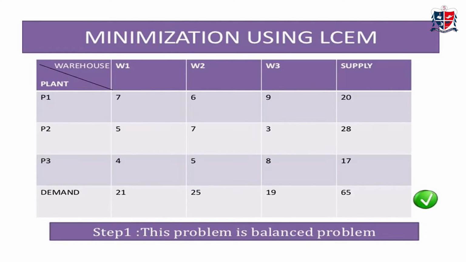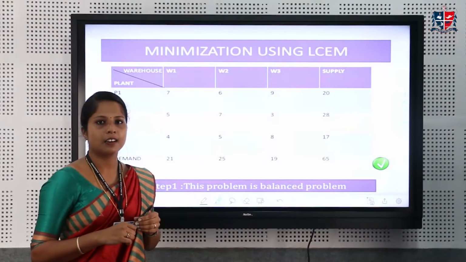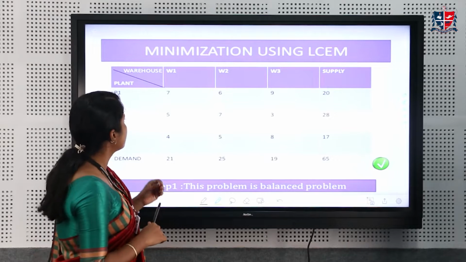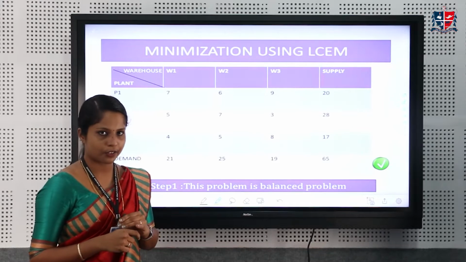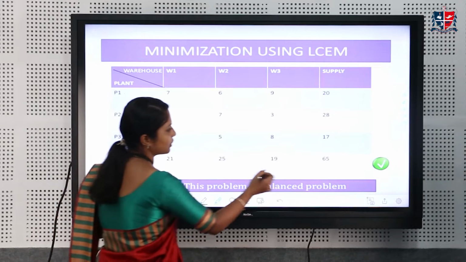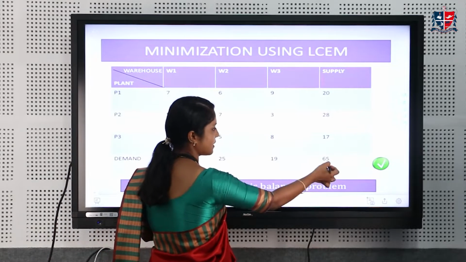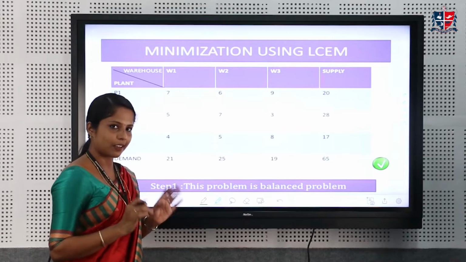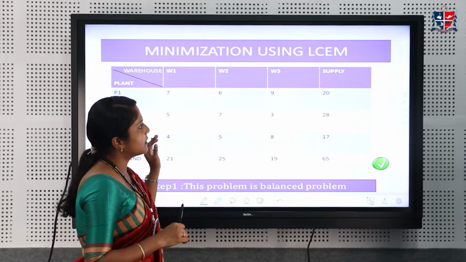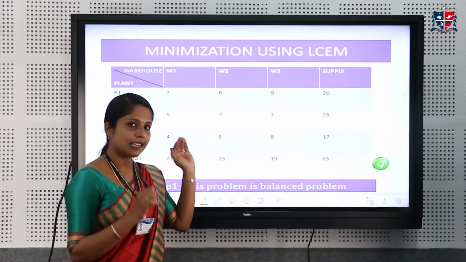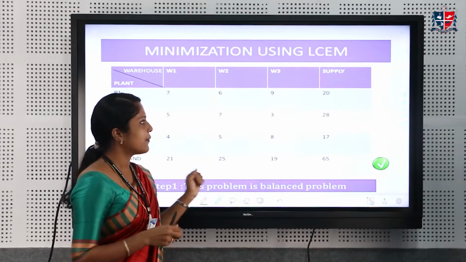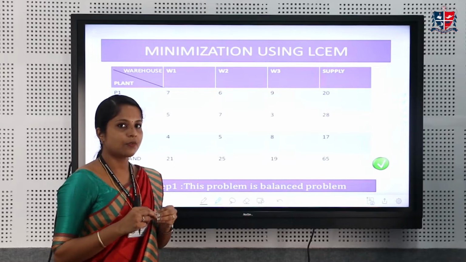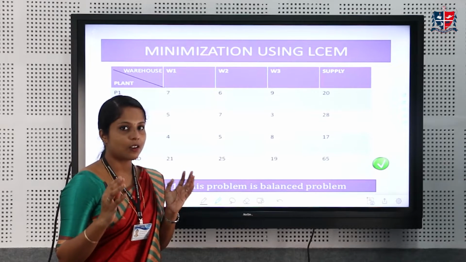The same problem was discussed in the last class for solving by the Northwest Corner method. First step is to check whether it is balanced or not. The total of demand is 65 and supply is also 65, so this is a balanced problem. Then, for solving under the least cost entry method, we have to select the cell whose cost is lowest.